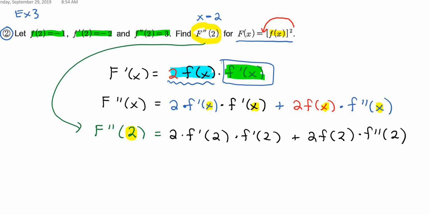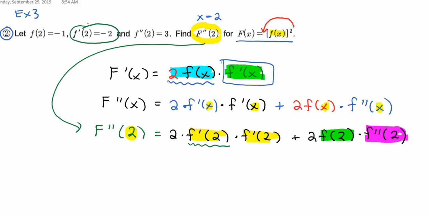Now for all these values, let me erase these beginning values here. The values that I'm highlighting, you will get from the original problem. You need to go back to the original problem and find those values. Let's start with f prime of 2. Well, f prime of 2 has a value of negative 2, right?